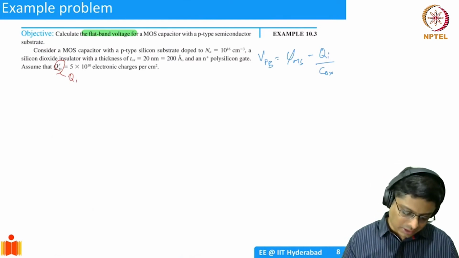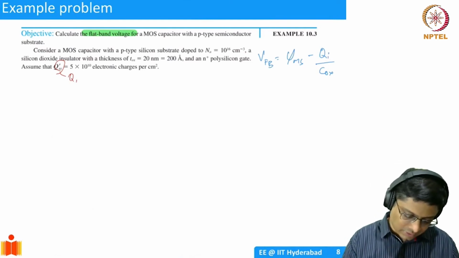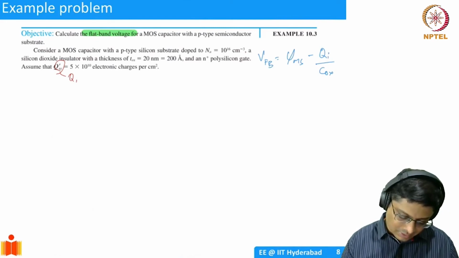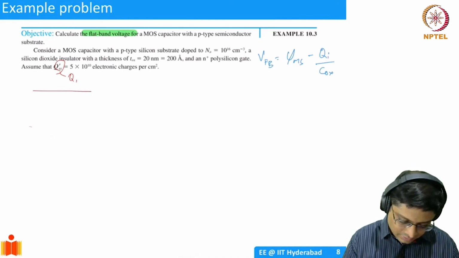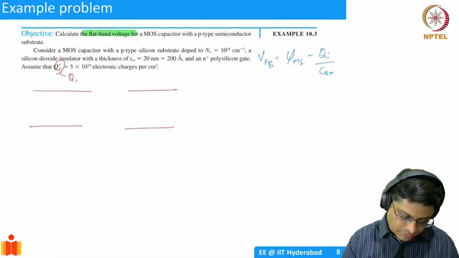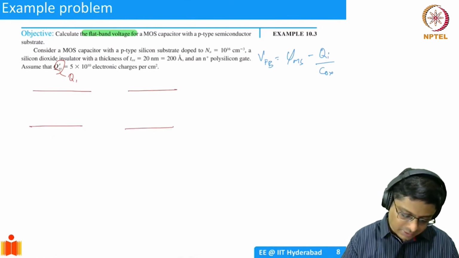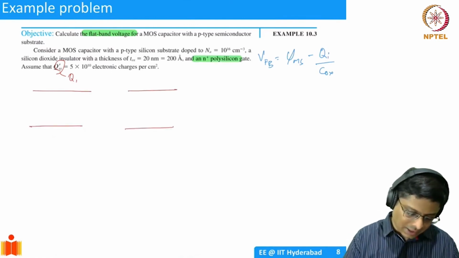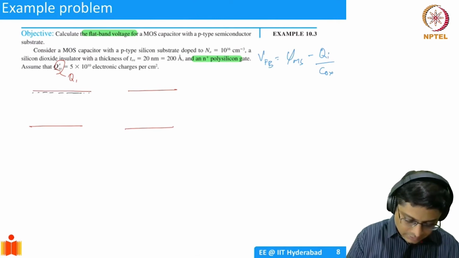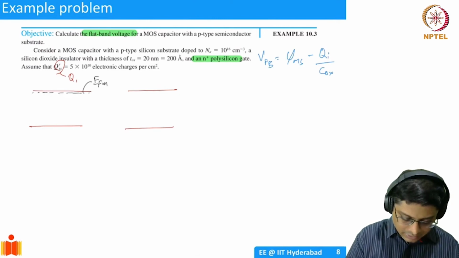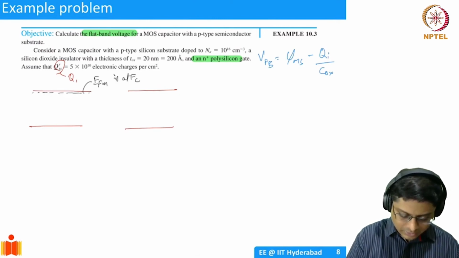Let's solve this. You have an N plus polysilicon gate, and then you have a p-type substrate. So for the N plus polysilicon gate, I'll say that the EF here is at EC, because it's highly doped.